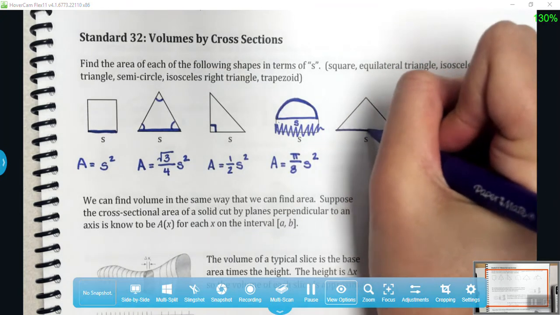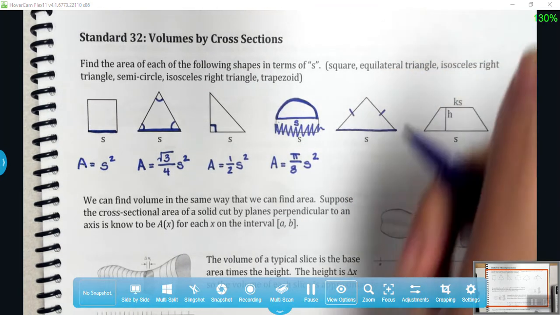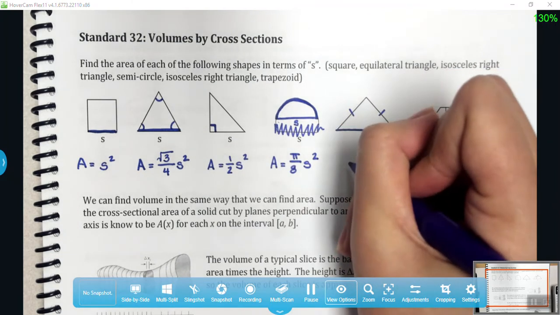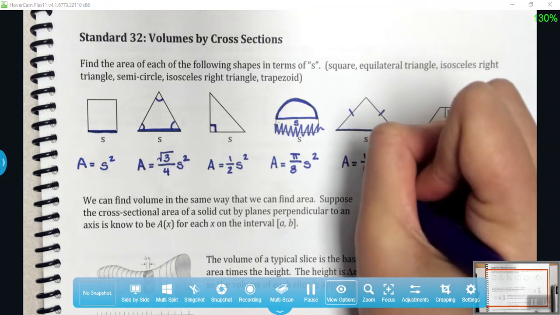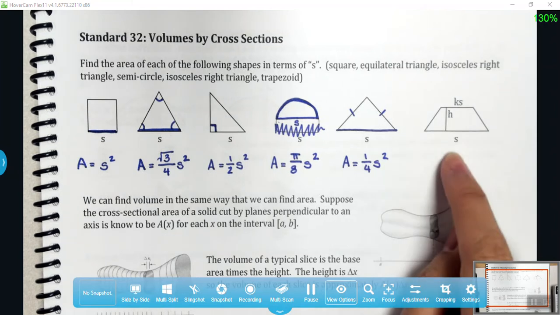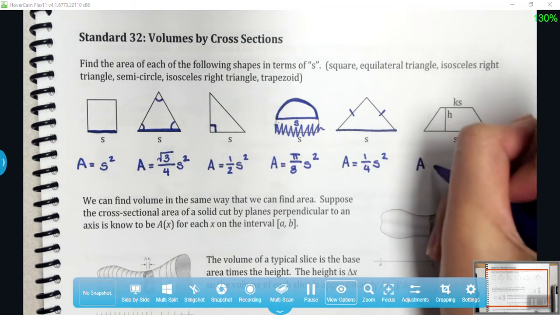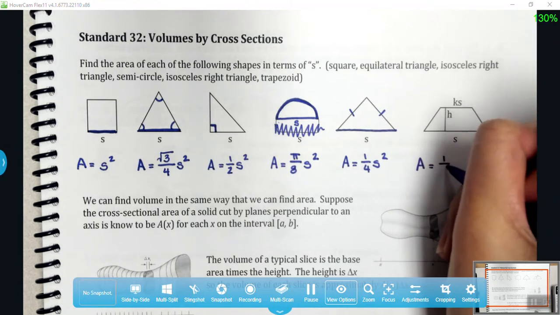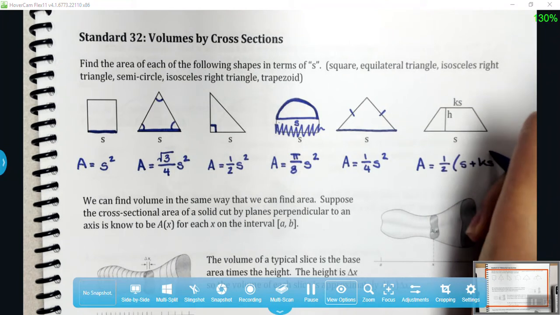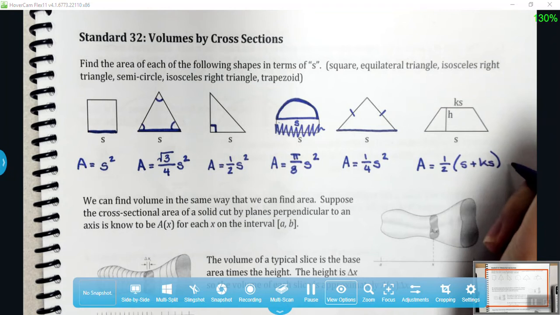This is S on the base with the two sides isosceles, but your hypotenuse is on the base. So that's 1/4 S squared. You don't really have to memorize that one too much, but if they do, they'll give it to you. And then this is a trapezoid, so it's 1/2 times S plus KS, like the average of the bases, times the height.